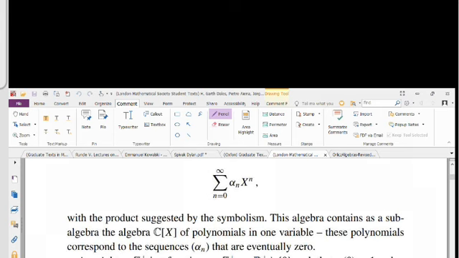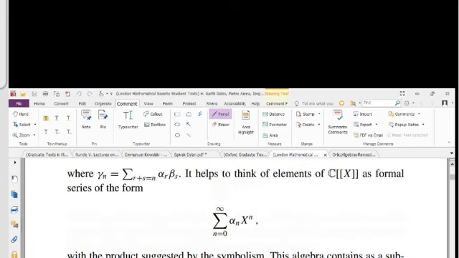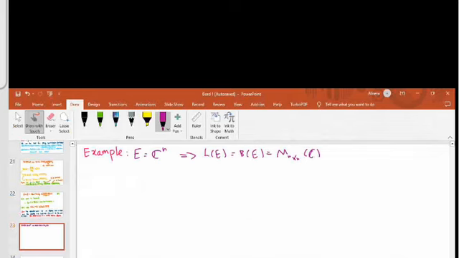This algebra contains as a subalgebra the algebra C[x] of polynomials in one variable. A polynomial corresponds to a sequence alpha n that is eventually zero. Any polynomial is a particular case of a power series. For a power series, for example f equals this, or we can write a0 plus a1x plus a2x^2 and so on.